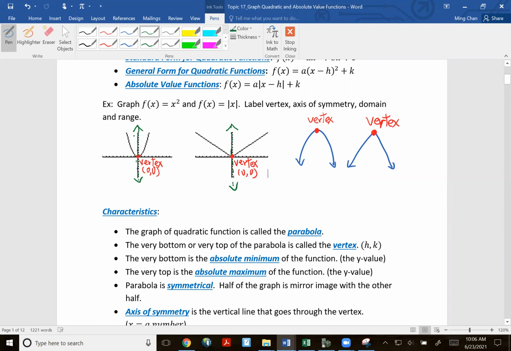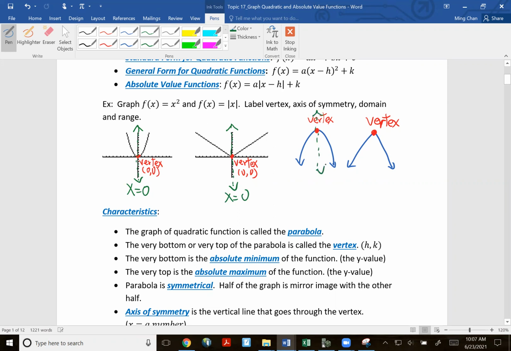All right. So since my U and my V have the vertex sitting at the origin, and the axis of symmetry is a vertical line that cuts through them in exactly two halves, the equation for my axis of symmetry has to be x equals 0.